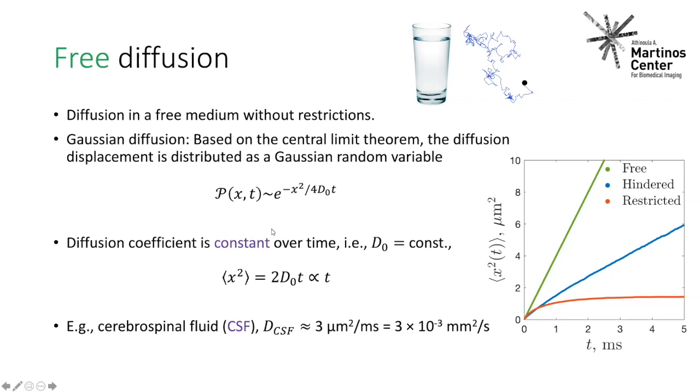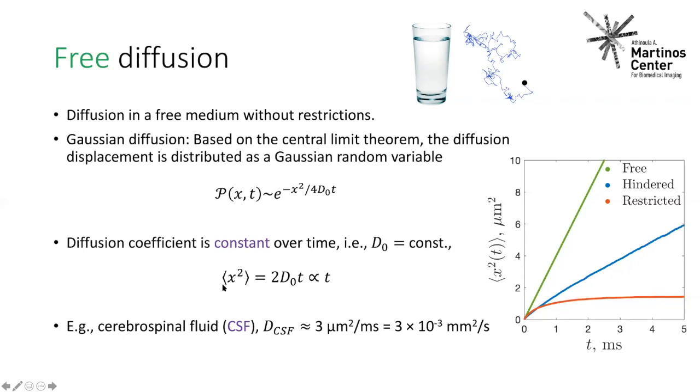So its PDF, probability density function, obeys the Gaussian distribution, and its standard deviation is given by the diffusion length. In free diffusion, the diffusion coefficient is constant over time.